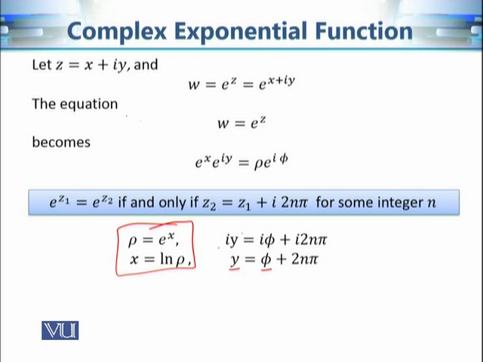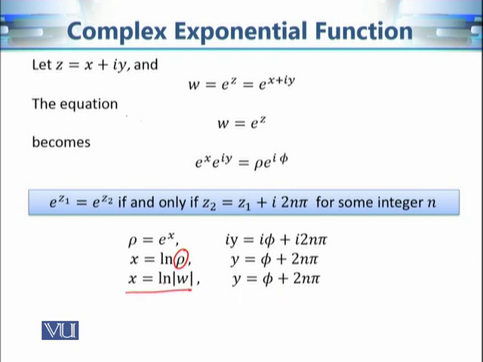So there is a relation between y and phi now. Because rho is the modulus of w, we have the following situation: x is equal to the natural log of modulus of w, and y is equal to phi plus 2n pi.